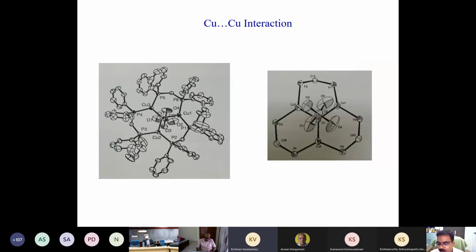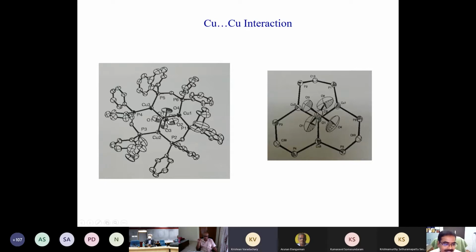When I joined his group in 1997, Professor told me to make some compounds to study the copper-copper interaction. In this regard, I could make trinuclear copper complexes, a few of them, stabilized by diphosphine.